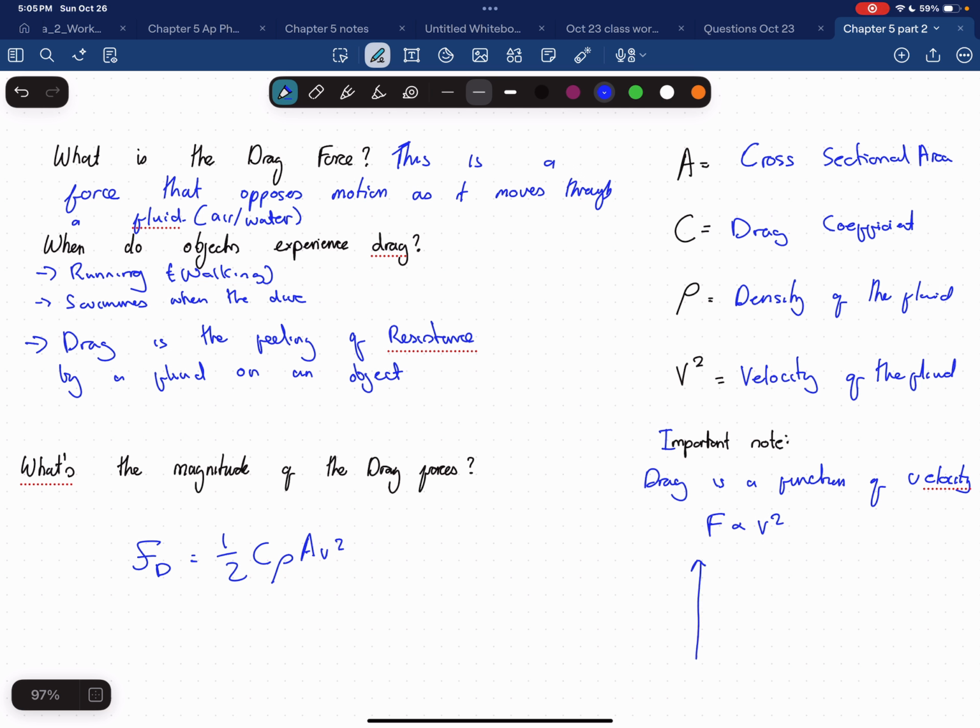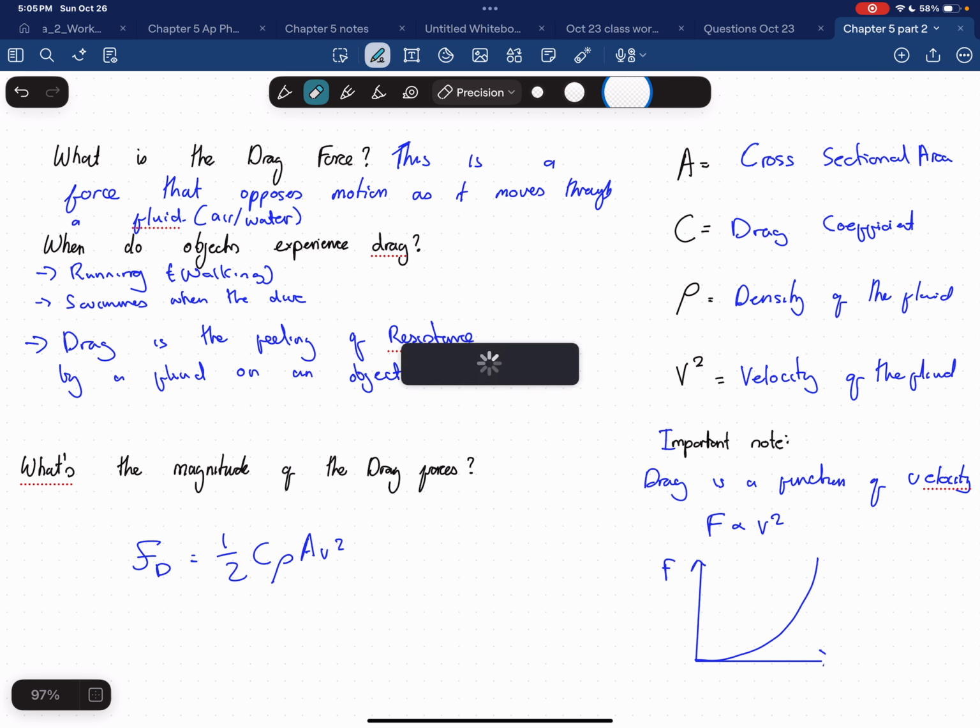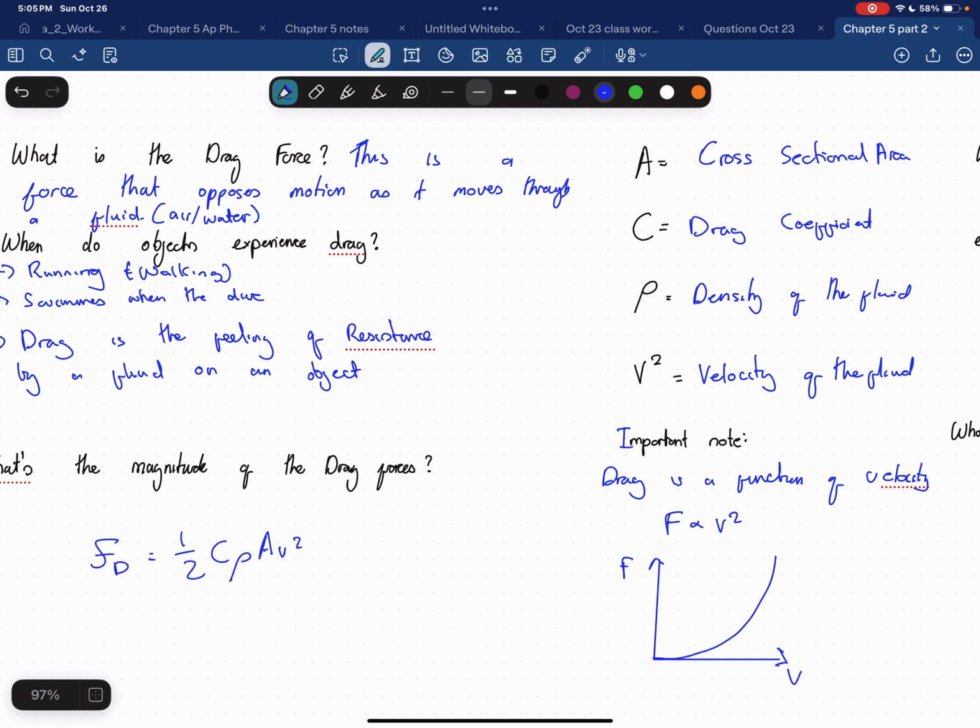So if we were to track drag over a bunch of velocities, it would be a quadratic, not just a regular V. So drag is proportional to velocity squared.